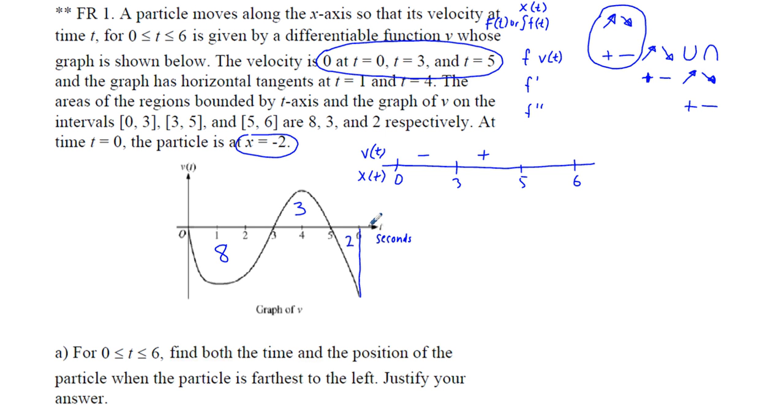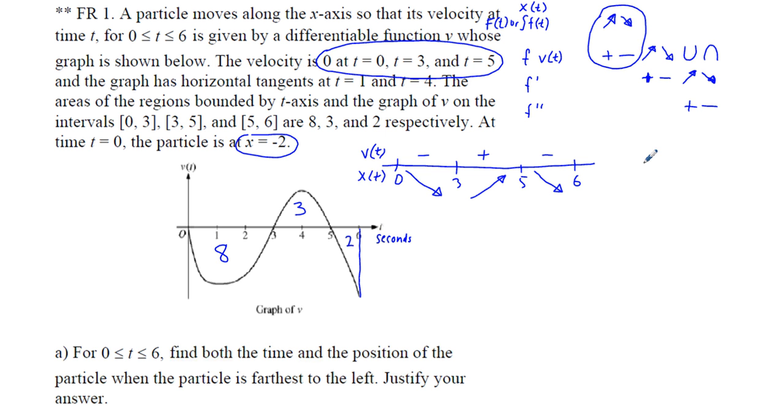Between 5 and 6, is v of t above the t-axis or below? Below. And so we know, therefore, that x of t is decreasing between t equals 0 and t equals 3, increasing between t equals 3 and t equals 5, and lastly decreasing between t equals 5 and t equals 6.